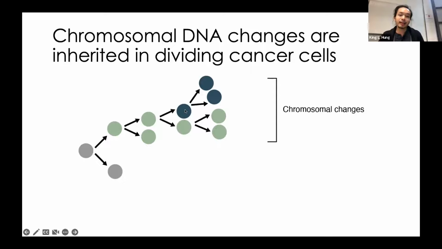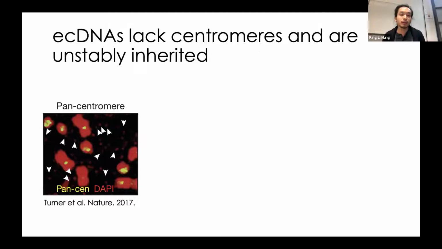And then let's say at some point, another cell acquires a second mutation, all the progeny of that cell will have both mutations.